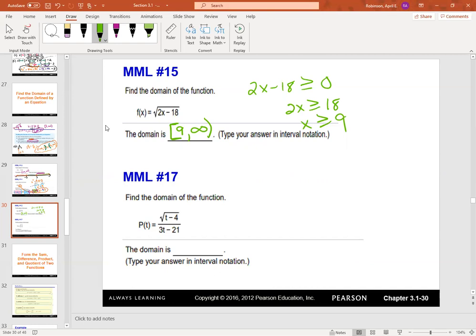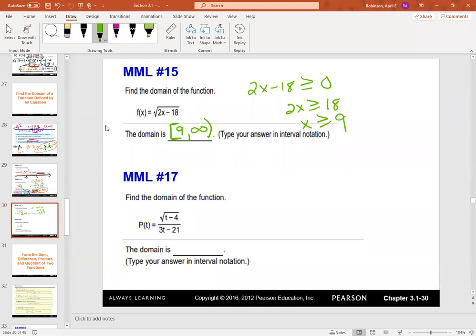And then there's 17, which has both a fraction and a radical, and you have to consider both. I know the radical's in the numerator, but it doesn't matter. It's just there's a radical in the problem. So because of the radical, you have to make sure that in this case, your t can't cause a negative, and your t also cannot cause a 0 in the bottom.